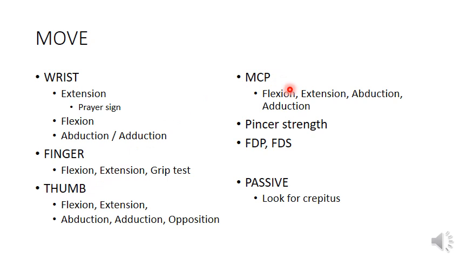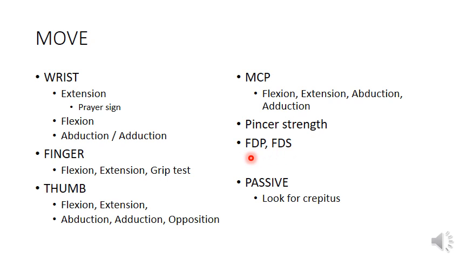In the metacarpophalangeal joints, look for flexion, extension, abduction, adduction. Check for the pincer strength. We would ask the person to press the thumb and the first finger together and try to pull them apart. So that's the pincer strength.